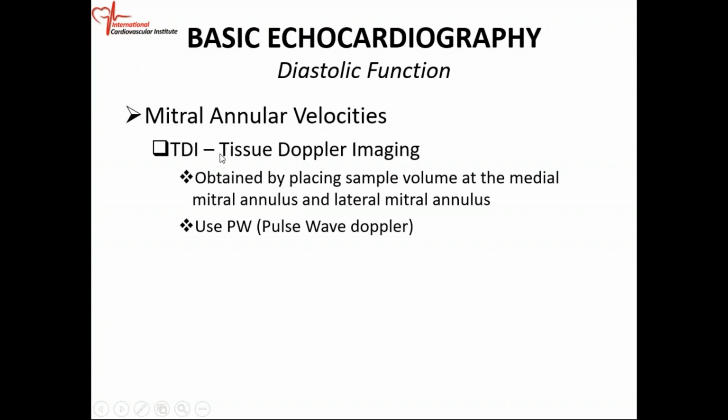So tissue Doppler, we call it tissue Doppler imaging or mitral annular velocities. It is obtained by placing sample volumes at the medial mitral annulus and the lateral mitral annulus, and you're going to use PW, pulse wave Doppler.